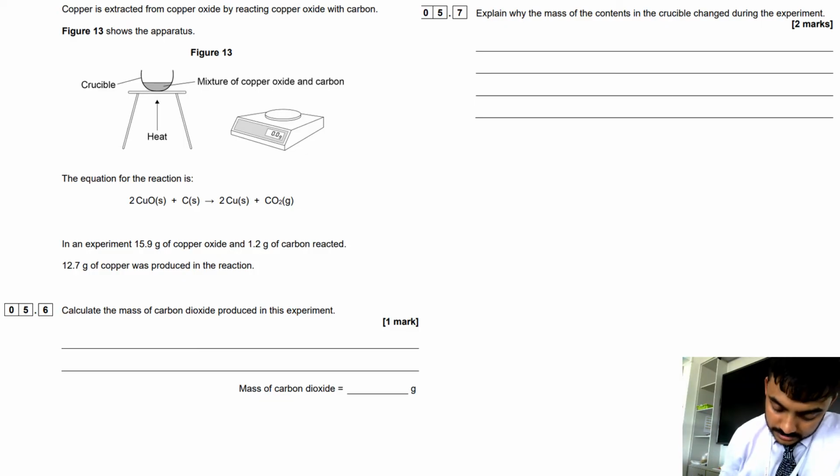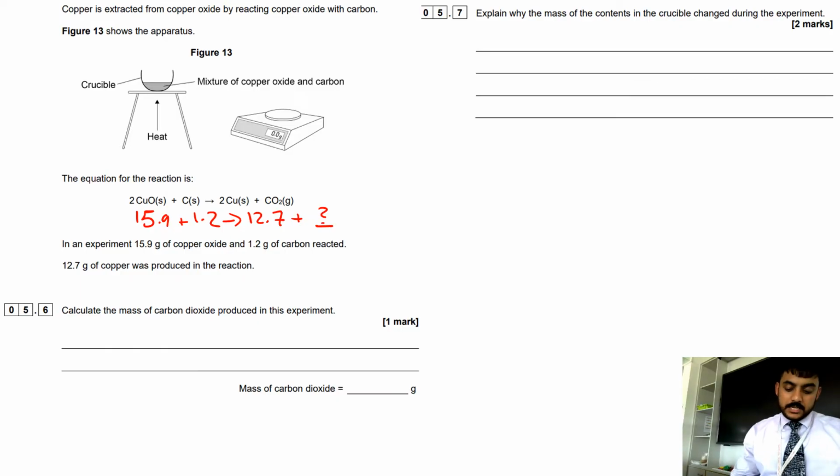So all we have to do is remember that 15.9 plus 1.2 gives 12.7 plus something, and that something is what we want to find out.